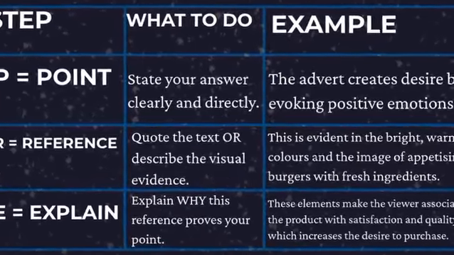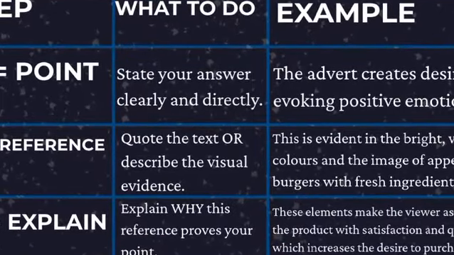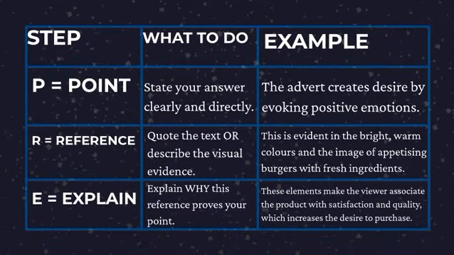PRE stands for point, reference, explain. P equals point. State your answer clearly and directly. For example, the advert creates desire by evoking positive emotions. Direct, clear, no hesitation. R equals reference. Quote the text or describe the visual evidence.